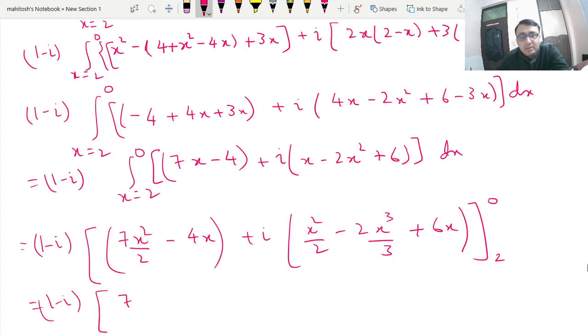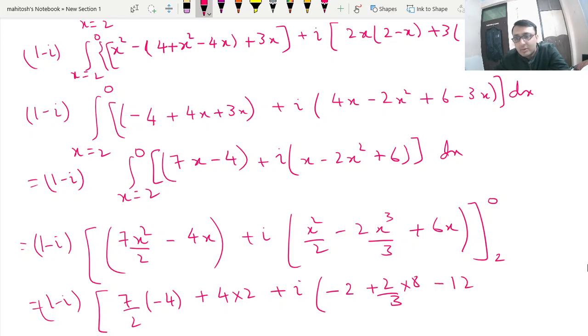So 7 by 2 times 0 minus 4 times 2, so this is minus 4 I can write. Plus i times, this becomes minus of 4 by 2, so this is 2, this becomes plus 2 by 3 into 8 minus of 12.